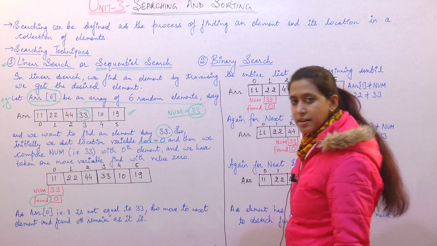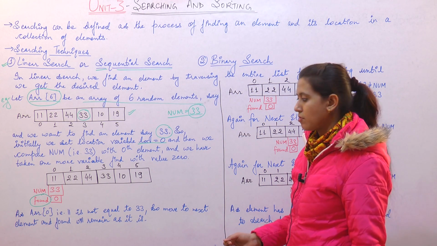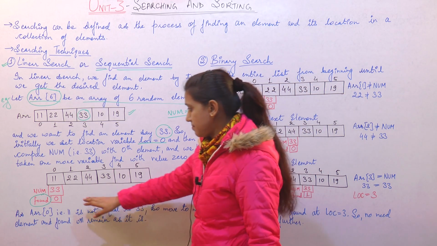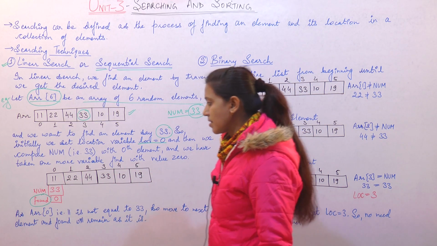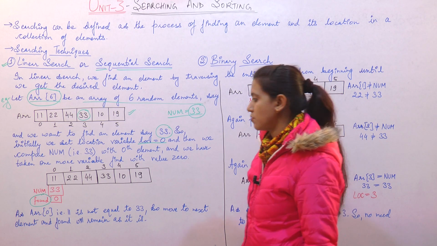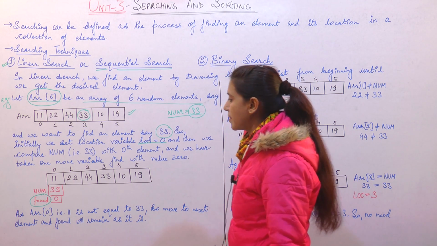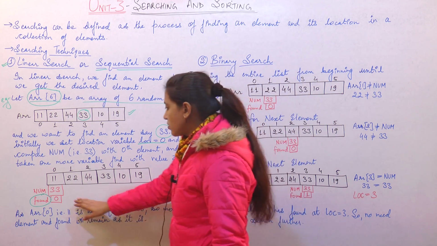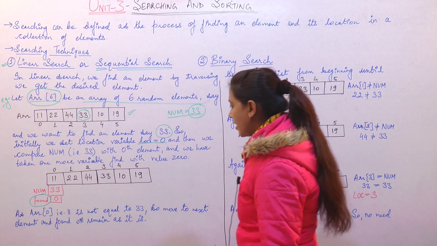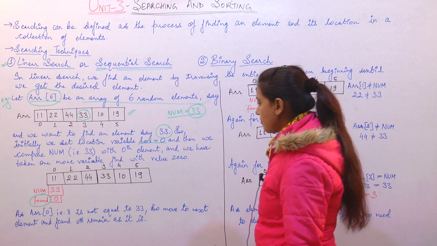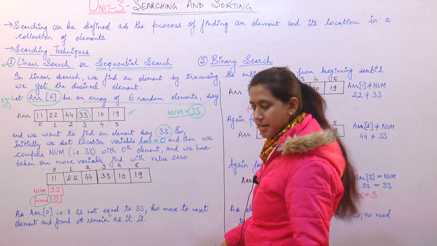That means the value of found will remain 0, because the number and the element at the location we are comparing are not the same. So the value of found will remain unchanged, and we will move to the next element.